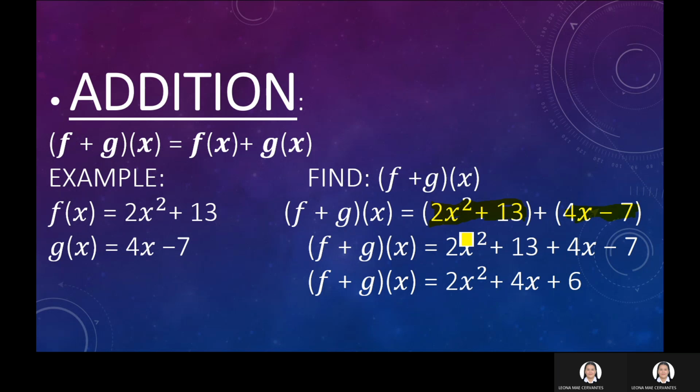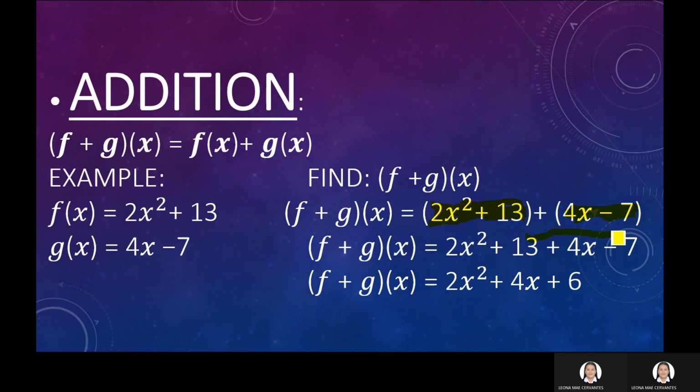Okay, so now let's add 2x squared plus 13 plus 4x minus 7. So bring down 2x squared and 4x.